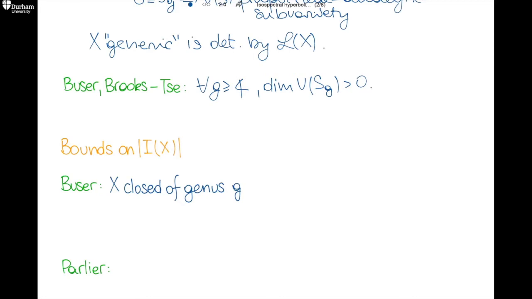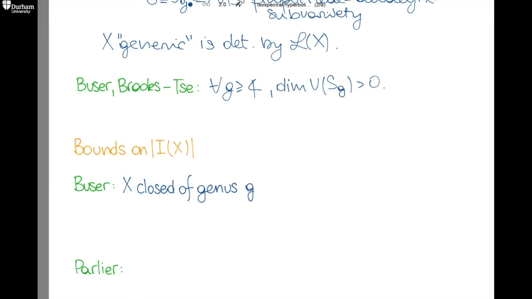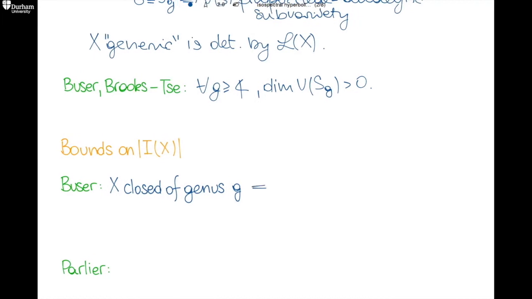So if I have a closed surface of genus G, what Buser proved is that there's a bound on the number of surfaces that are isospectral to it that depends only on the genus. So I think what he showed is that this is at most e to the 720 g squared. It's not super important what the function is.